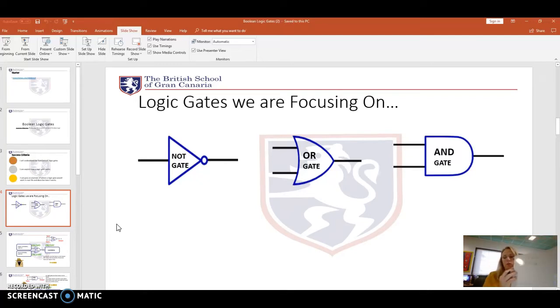Okay, true or false, or 1 for on and 0 for off. Okay, or yes or no. Okay, so that is your Boolean. True or false, yes or no, or on or off. Now, the NOT gate does exactly the opposite.